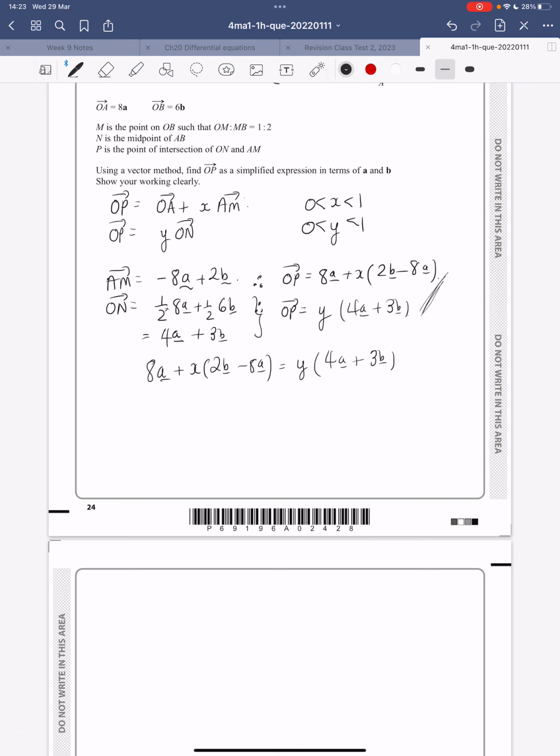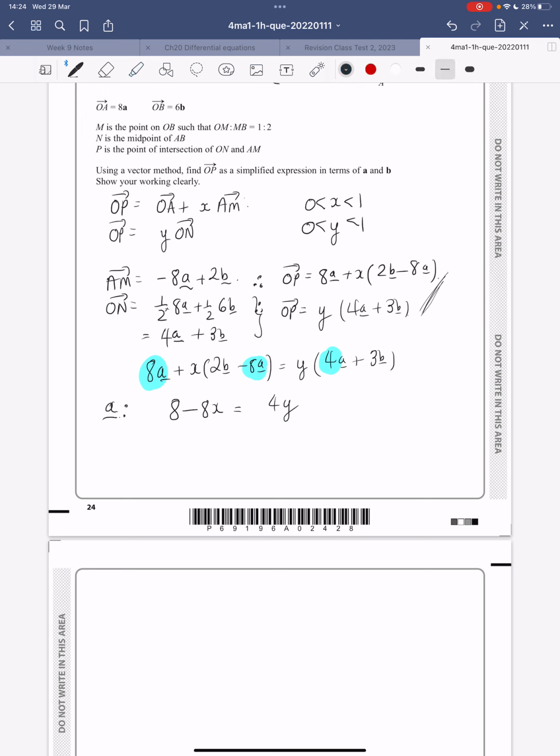So if we look at the A's first of all, we've got 8 minus 8x on the left, and this is going to be 4y on the right. So they're all the A's.